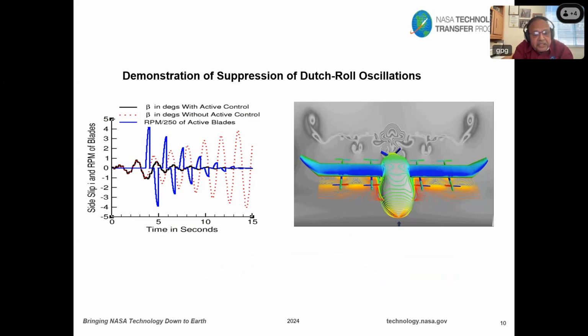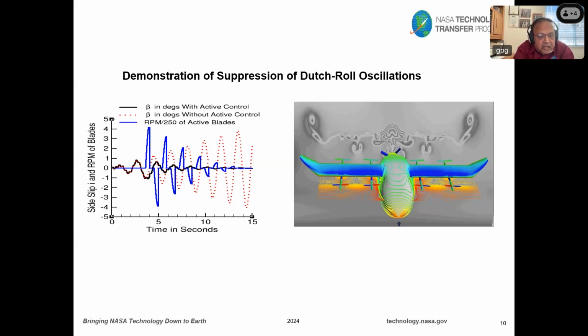So this is a demonstration of the suppression of the Dutch roll oscillations. On the left-hand side, you see the figure which shows the plots of the beta, that is the side slip, from the equation I showed earlier. A disturbance has started for some reason, and it starts growing.